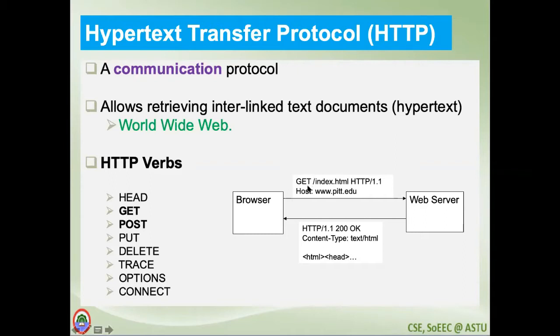If we want to read a particular web page, then we use a get operation on a particular URI. The host and then your resource are part of your URL. And if the resource is available on the web server, it will return the code 200.